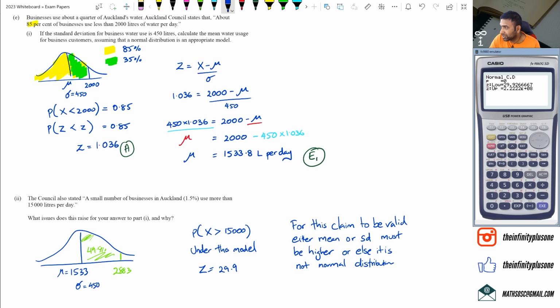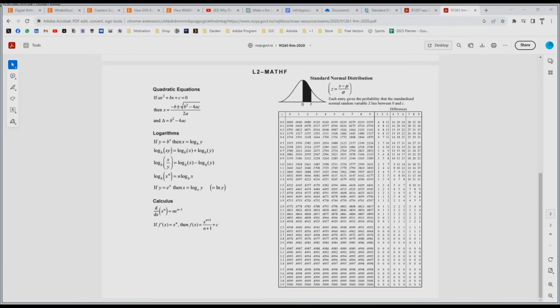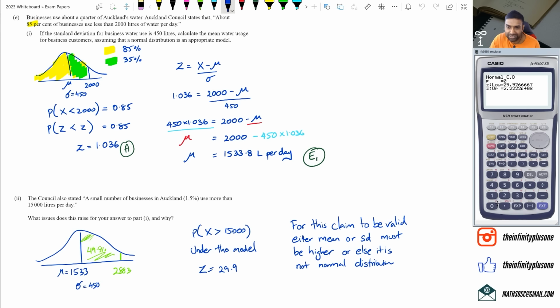If you remember, if you look at the table, anything above 3.9, you're pretty much covering the majority of it. It's almost 0.5 at 3.9. Now this one has a Z value of 29. It just doesn't make sense that it's going to have a probability of 1.5. So for this claim to be valid, that's why we say the mean or standard deviation must be higher.